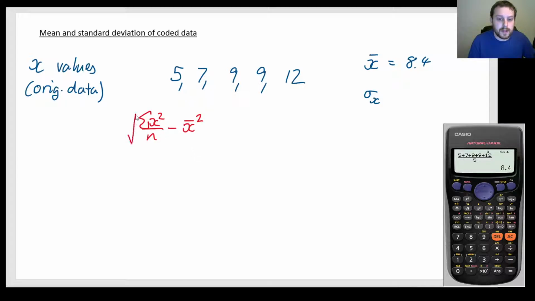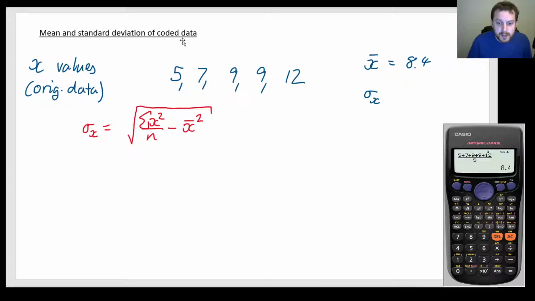And of course, if I want the standard deviation, I'm going to have to square root that. That's the formula I'm going to use anyway. If you've used the other version of the formula, that's fine. Let's just hope you get the same answer that I do.